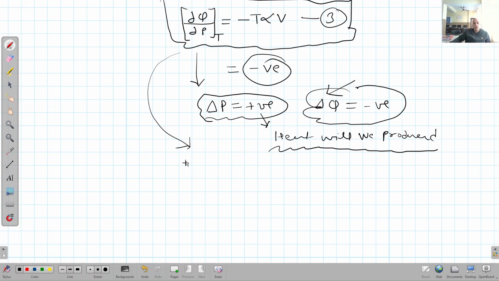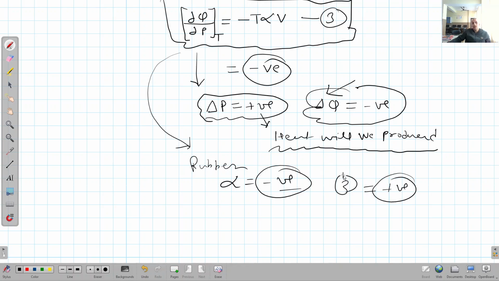Now in case of rubber, the value of alpha is negative. It means this relation number 3 is positive. It means if delta P is positive, then delta Q should also be positive, meaning heat is going to be added in the system.